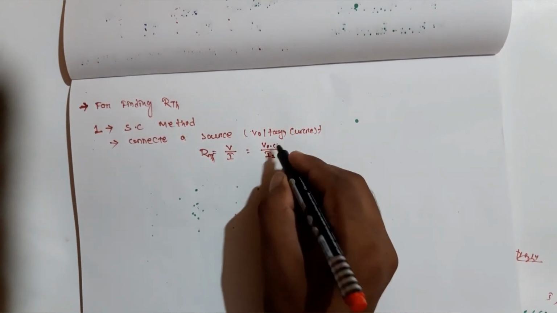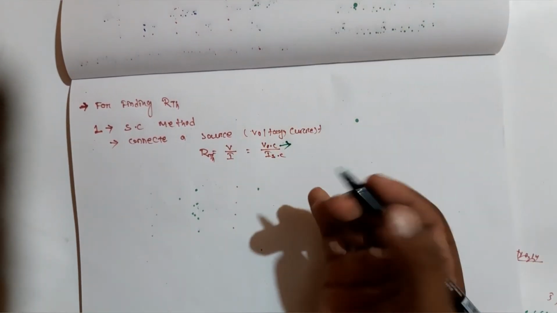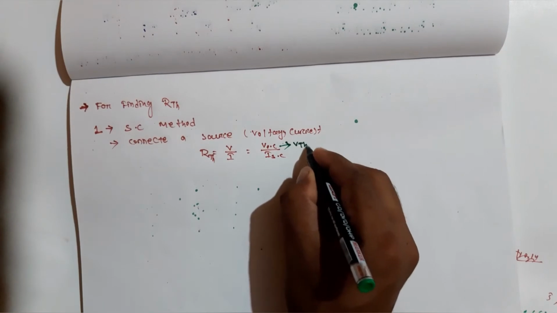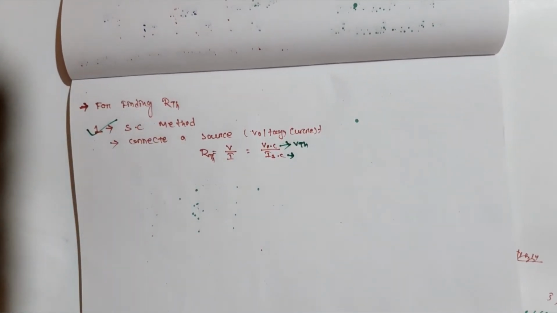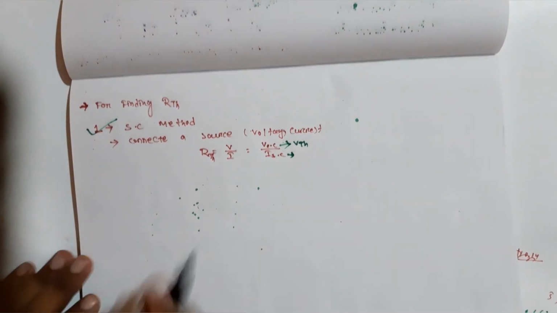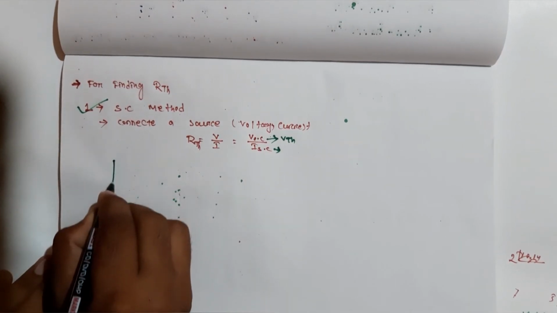We previously found the open circuit voltage, this is the VTH. We need to find the short circuit current. This is the first method, so we need to redraw the circuit like that.